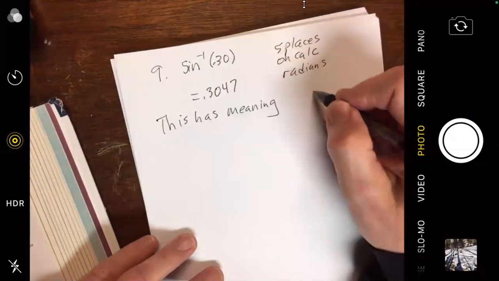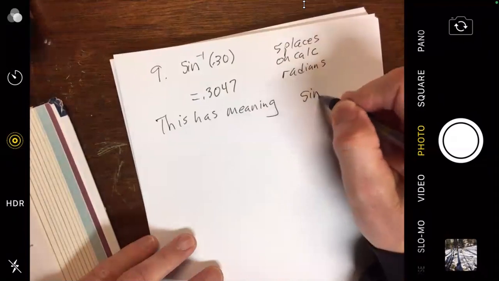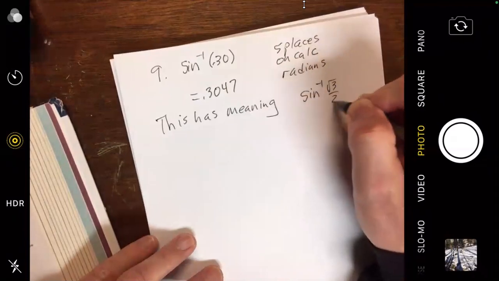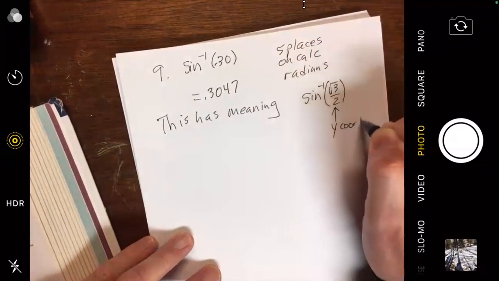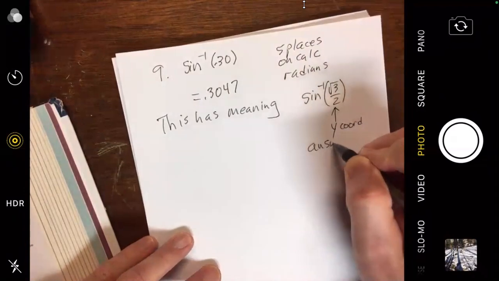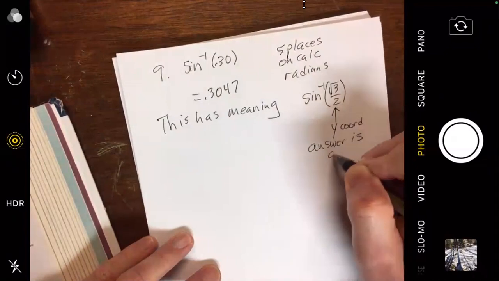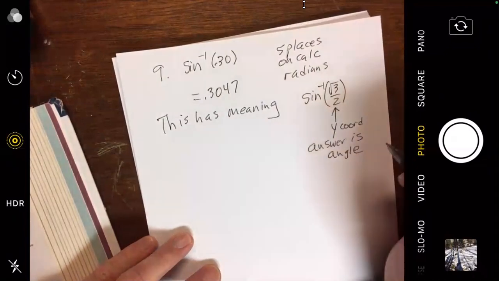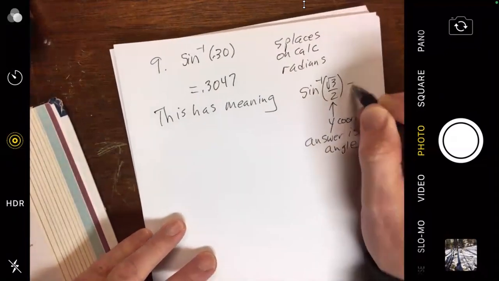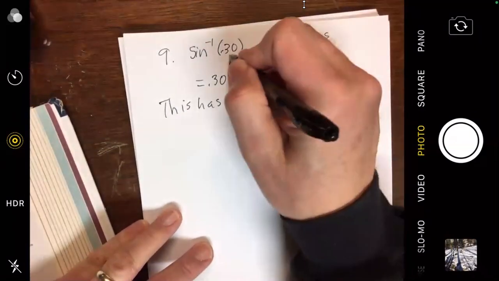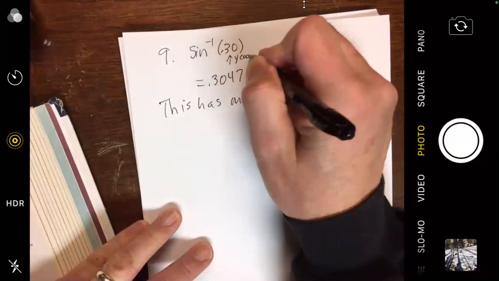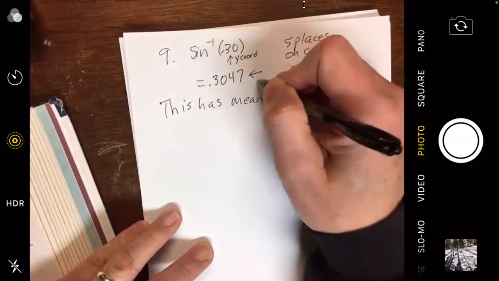Okay, go back to the other one. Arc sine of root 3 over 2 might be more obvious. This is your y coordinate. Your answer is the angle. And remember that worked out to pi over 3. So this is your y coordinate and this is your angle.